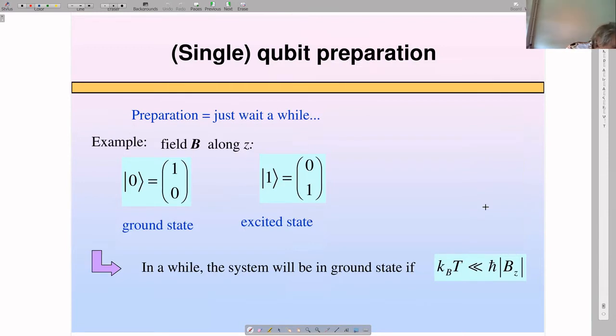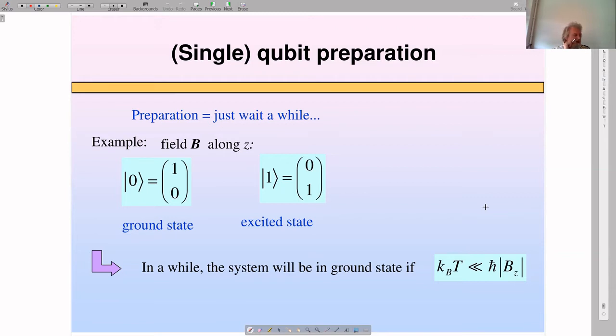Good. Let's go through the stages required for quantum computing. Let's first prepare the qubit in a certain state.